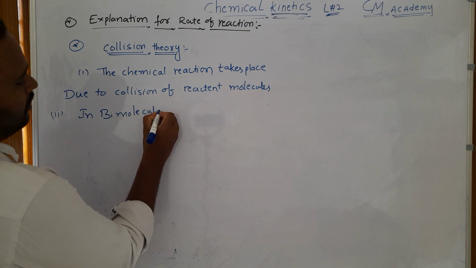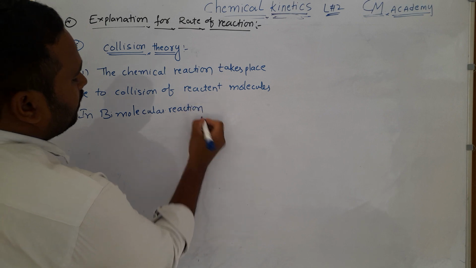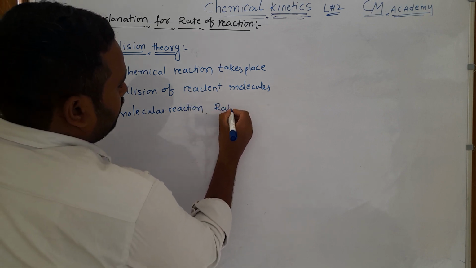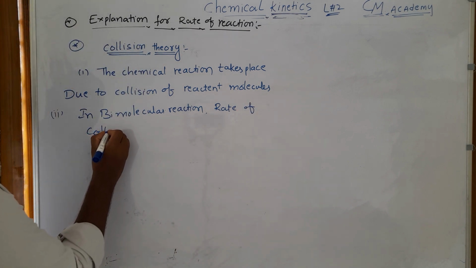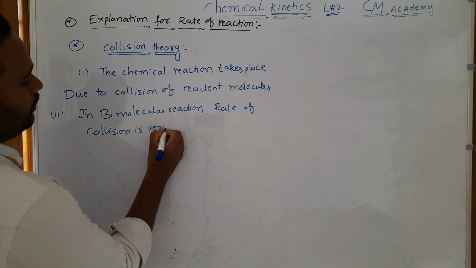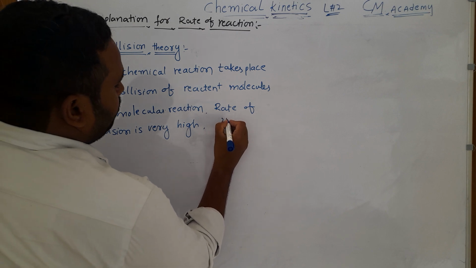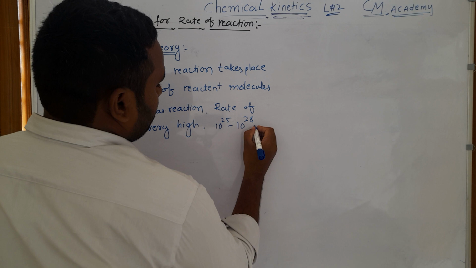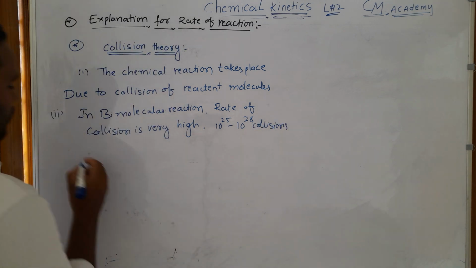In bimolecular reactions, the rate of collision is very high, about 10 to the power of 25 to 10 to the power of 28 collisions per second.